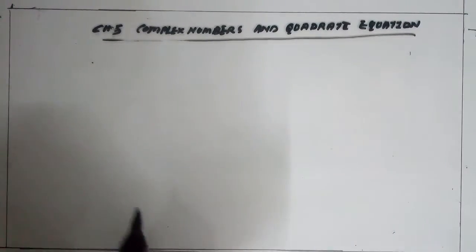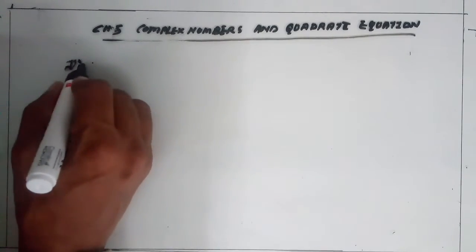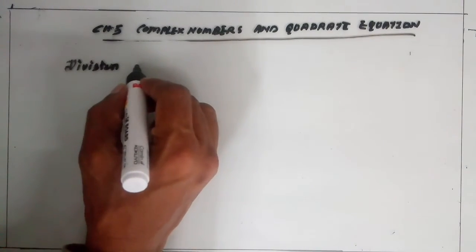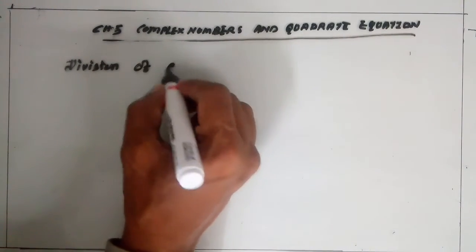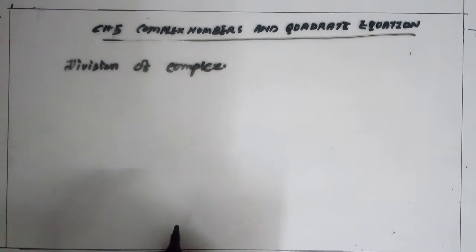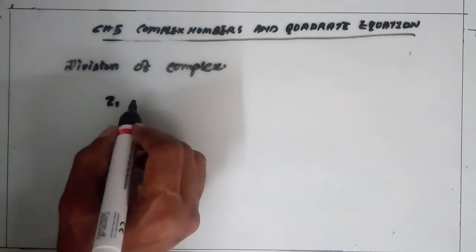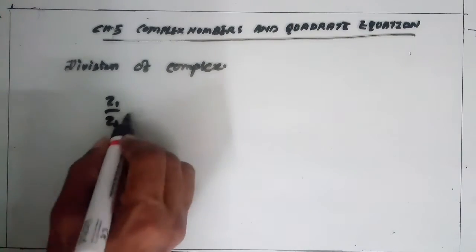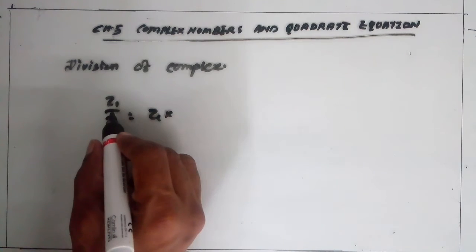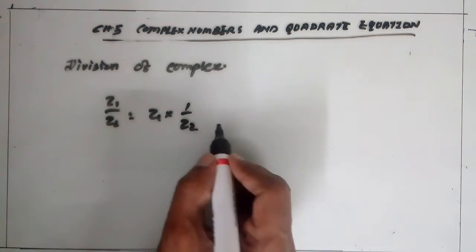Now, division of two complex numbers. For z1 and z2, z1 upon z2 is equal to, remember this, z1 into the multiplicative inverse of z2, 1 upon z2.